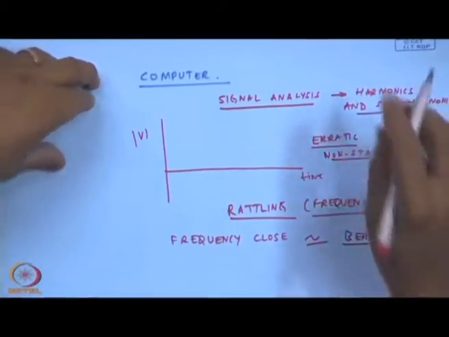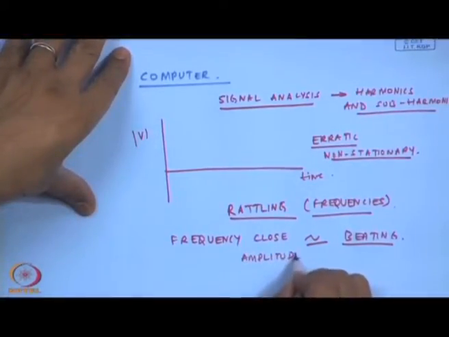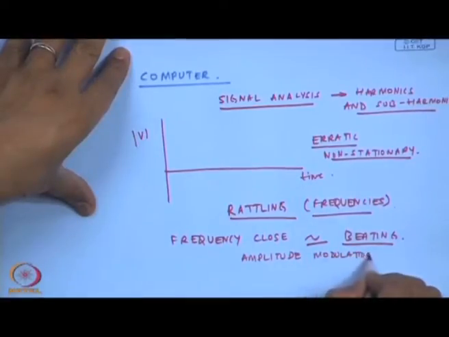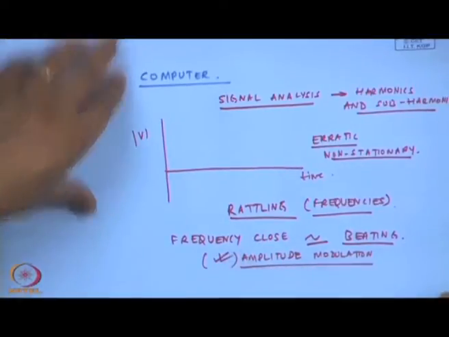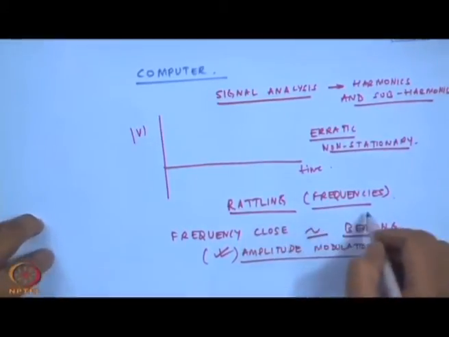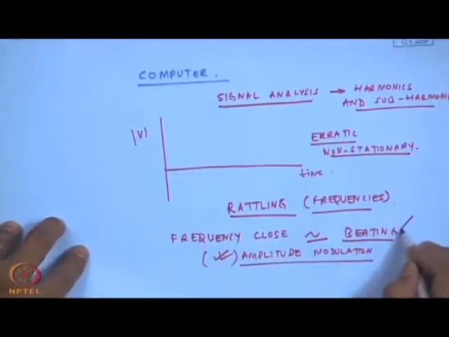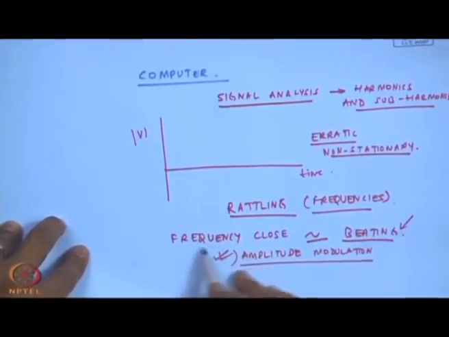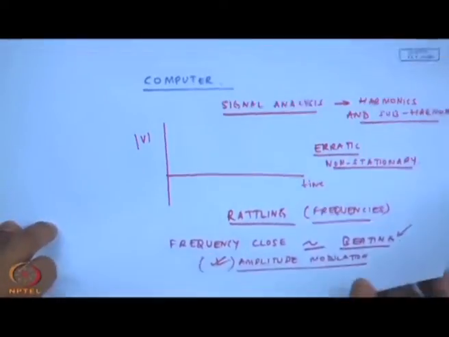And once beating occurs, you will have amplitude modulation. Well, I will not have amplitude modulation, but the signals will look like amplitude modulation. Okay. And then, because they are all independent processes, these two frequencies which are rattling and close to each other will produce beats and they will look like amplitude modulated signals. Okay.